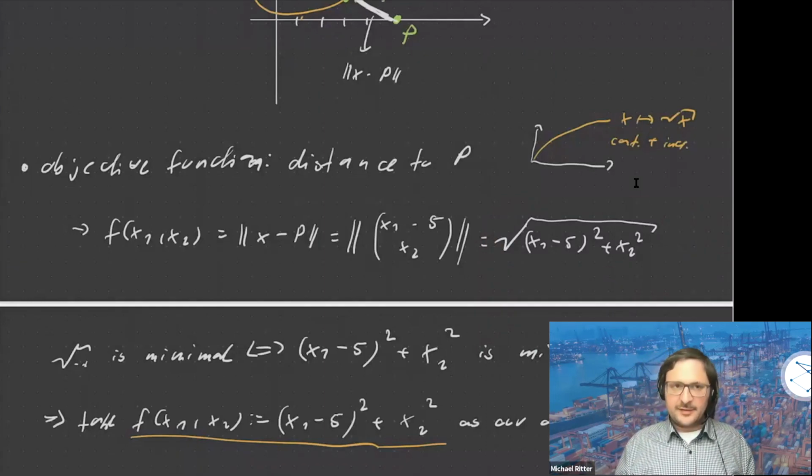And that means the minimum is achieved at exactly the point where this x is minimal. If this inner function is minimal, then the whole function is minimal because it's increasing. So a minimum of that function will be achieved exactly if the argument, this inner part here, has a minimum.